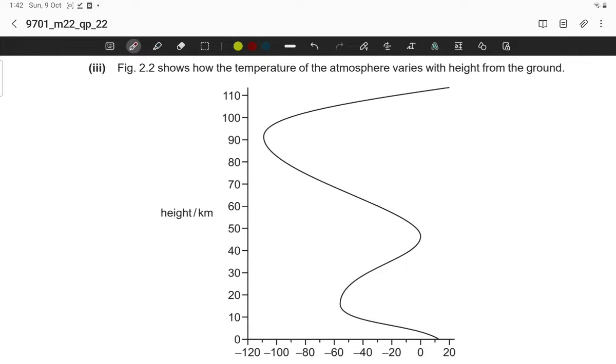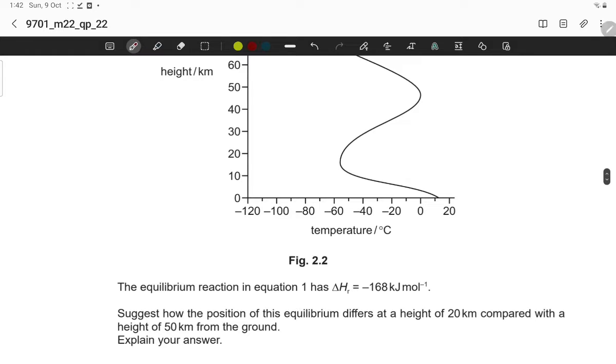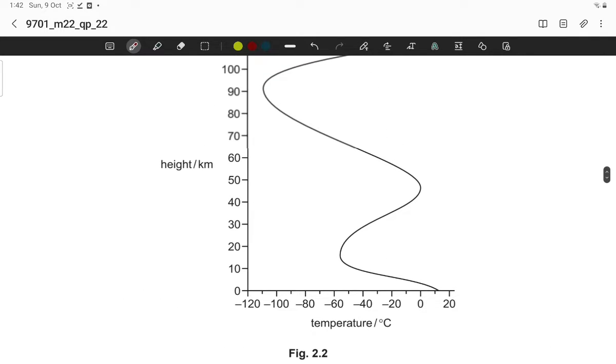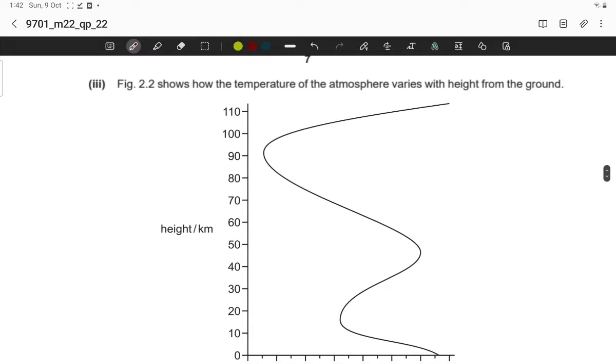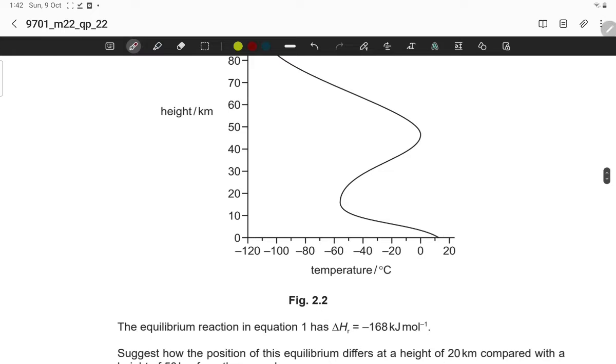Part 3. Figure 2.2 shows how the temperature of the atmosphere varies with the height from the ground. This is temperature. At a height of 20 kilometers, temperature is low.